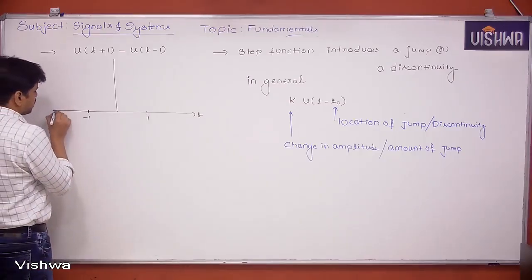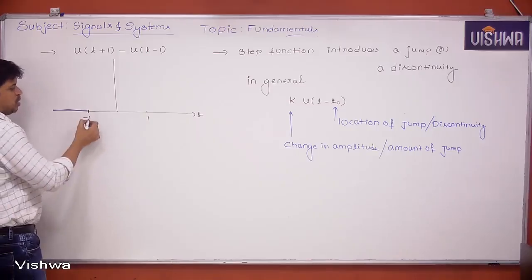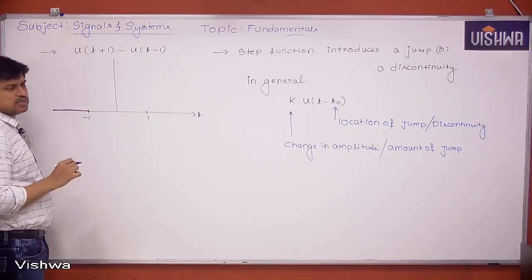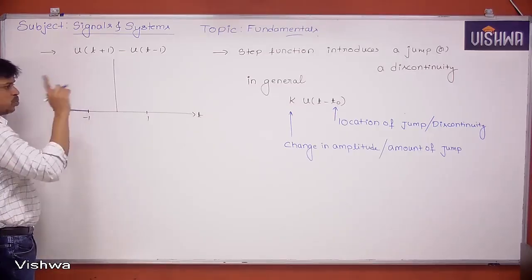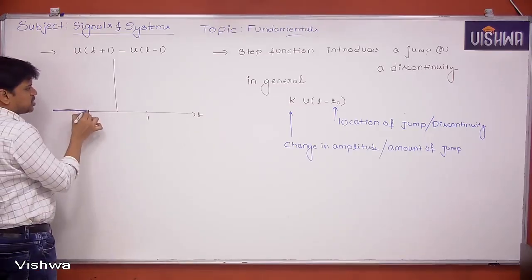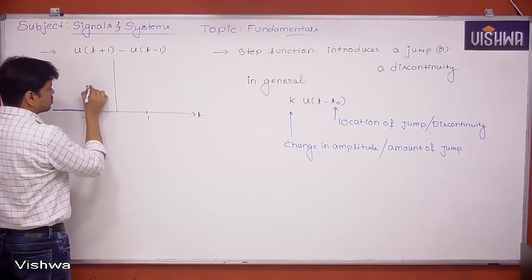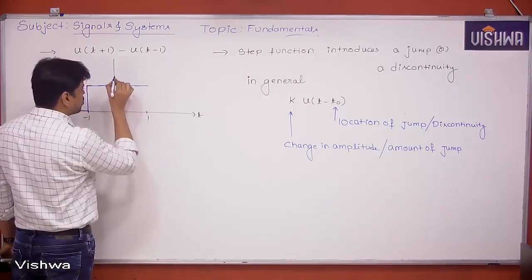Up to minus 1, assume initial amplitude is 0. At minus 1, how much amount of jump is it introducing? That is nothing but the coefficient, which is 1. So up to this point it is 0. Suddenly it will go to a new value, which is nothing but 1. It will continue up to this point.